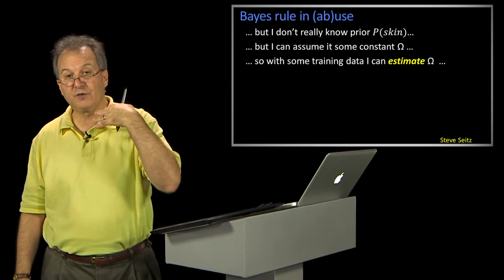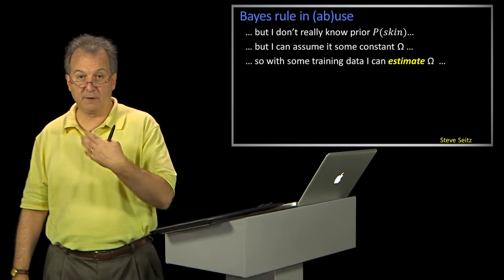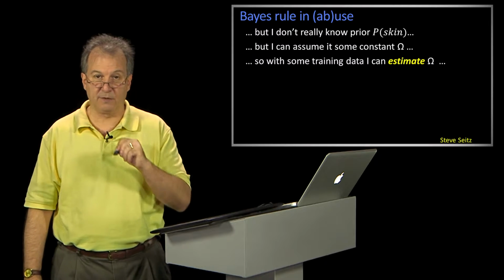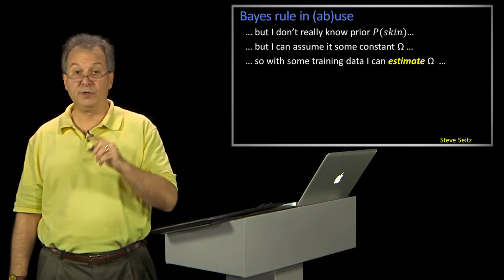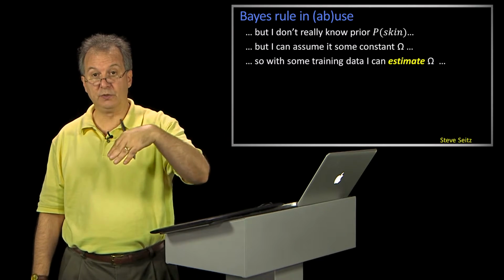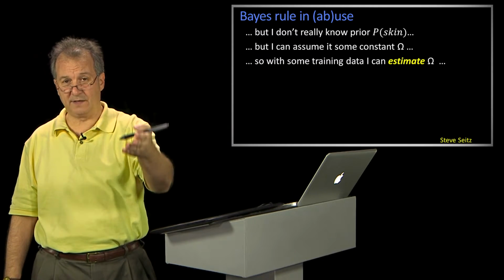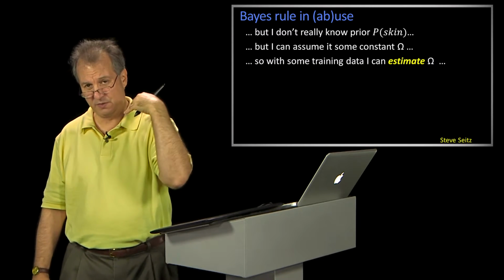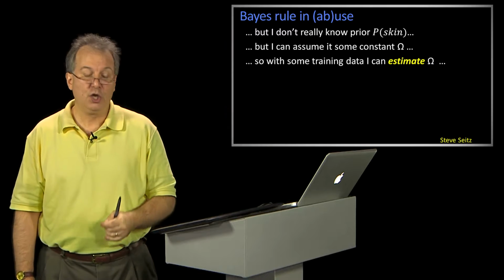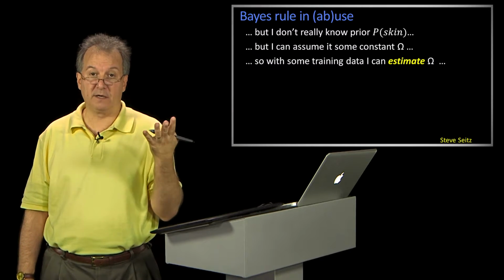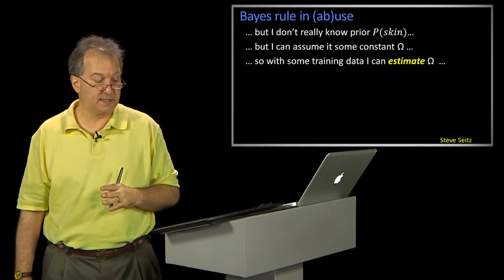So if you give me enough training data, that is, you pay enough undergraduates to circle all the skin areas in an image, or you use Mechanical Turk on Amazon to have the world out there, for $0.015 a click, say what's skin and what's not skin, you could estimate the prior that any given pixel is skin.